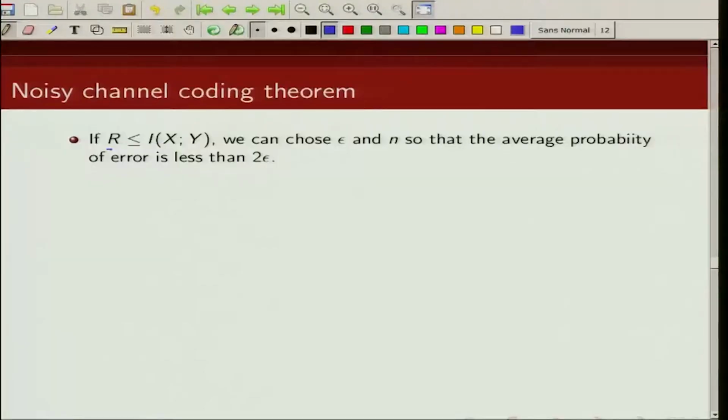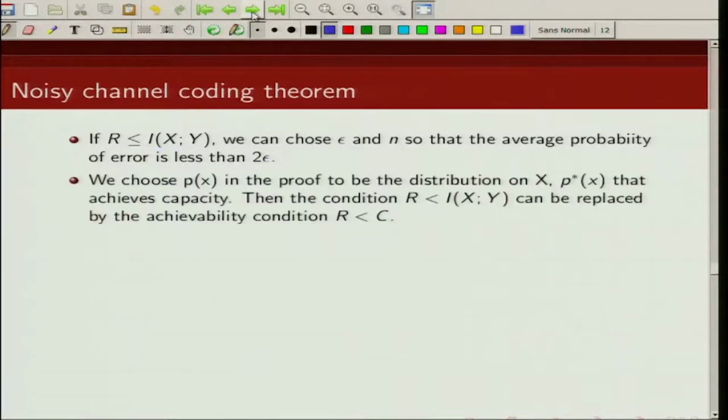Now we can tighten this a little bit. If we take r to be less than or equal to the mutual information, we can choose our epsilon and n such that the probability of error is less than 2 times epsilon. Now we can choose our P of x. Remember, we were generating our code words using this distribution P of x.